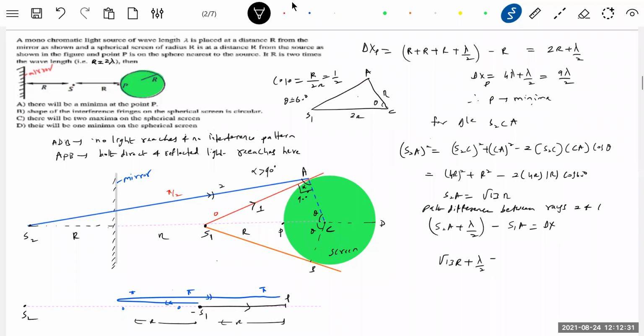This is S1. I'll calculate that. The square of 2R equals R square plus S1A square, so S1A is R root 3. Yeah, fine.